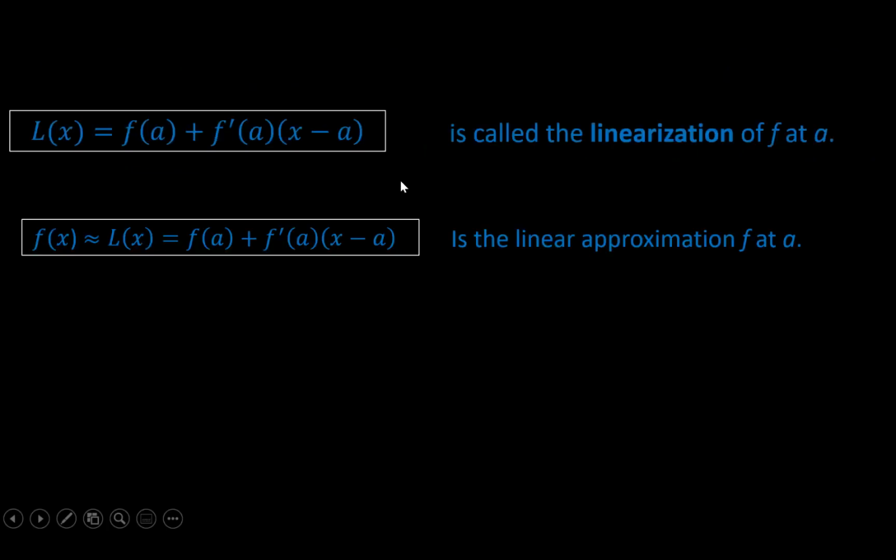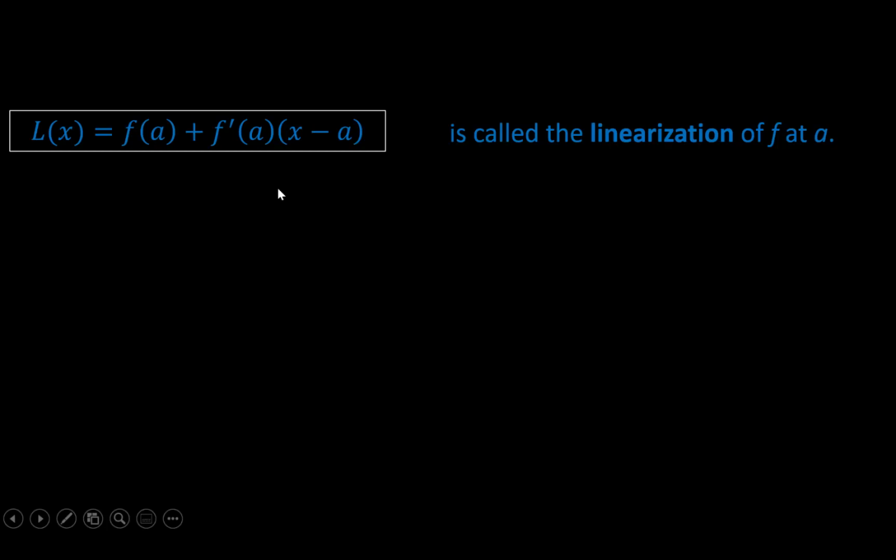Let's follow the idea we just learned. Remember this expression is the approximate value for f(x) when x is close to a. Because of that, we denote this by the function L(x).